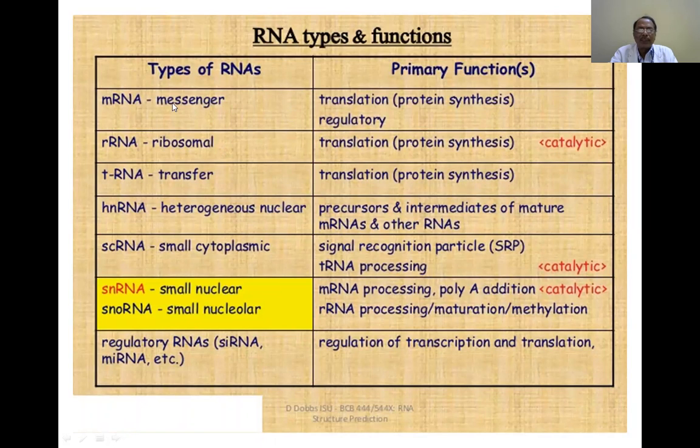The three different RNAs are produced by three different categories of RNA polymerases. mRNA is produced by RNA polymerase 2. rRNA is produced by RNA polymerase 1. tRNA is produced by RNA polymerase 3, grossly, but there are some overlapping functions. So this you should remember.